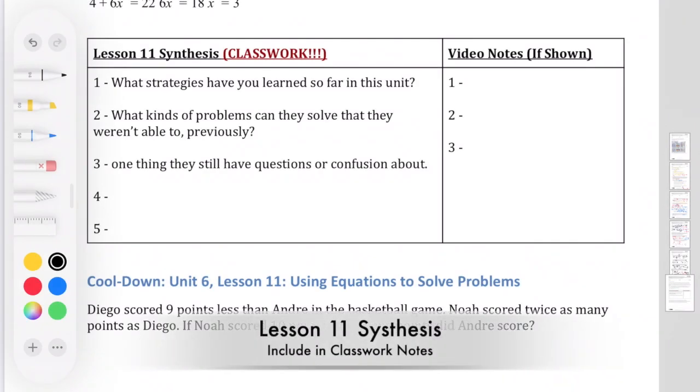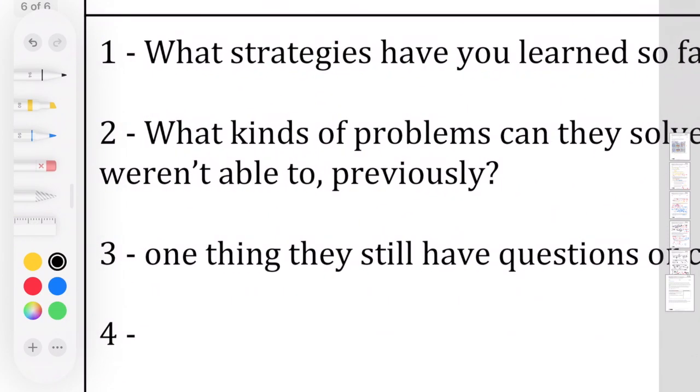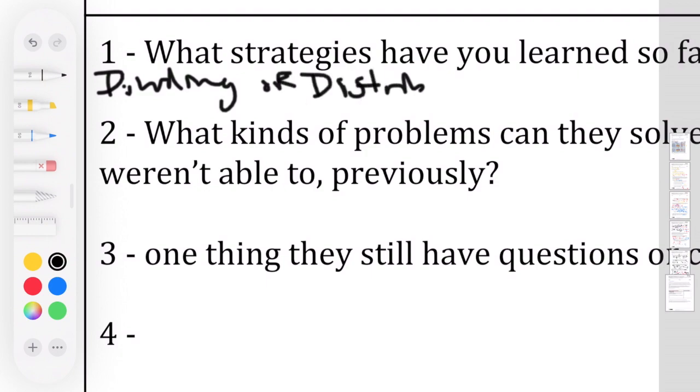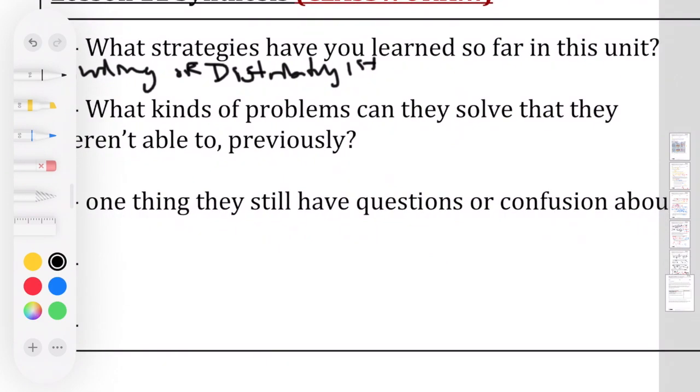All right, what strategies have we learned so far in this unit? I know that previously we worked on dividing or distributing first, dealing with problems with the parentheses or equations with parentheses.